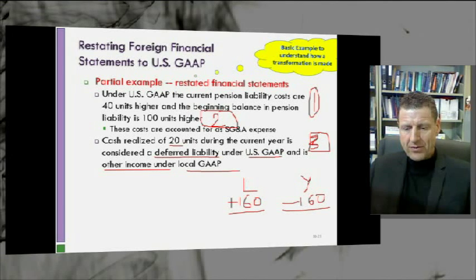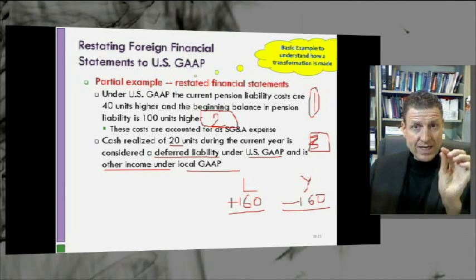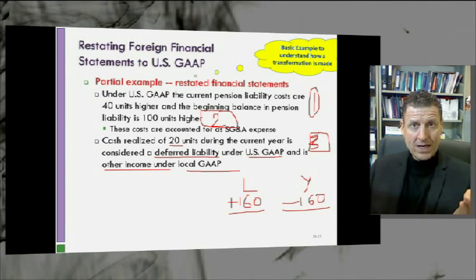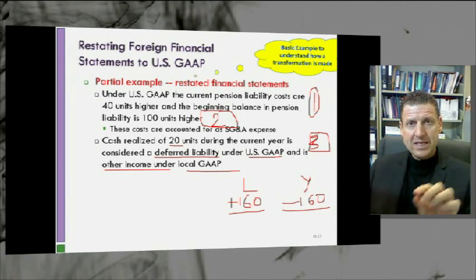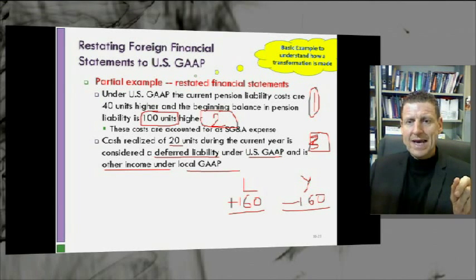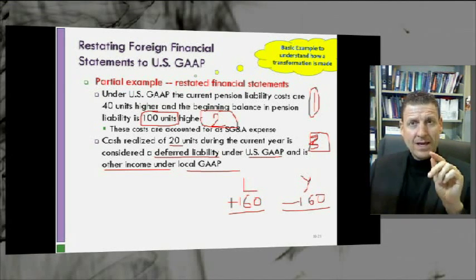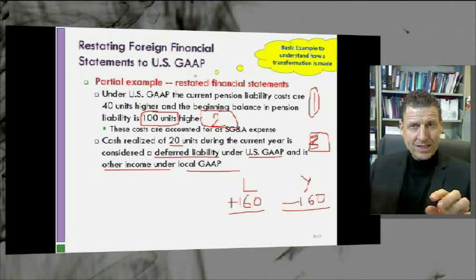Okay, now remember, 100 of this 160 was for the prior period, okay? Thus, retained earnings is affected for that 100, and only $60 is reflected in the changes in the income. You see? So this 100 out of that 160 impacts on retained earnings. It doesn't impact on the income. The other 60 does impact on the income.